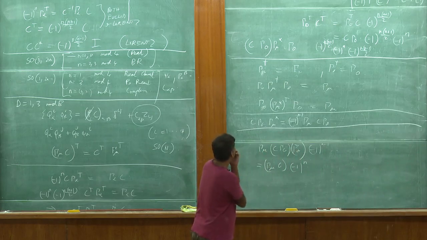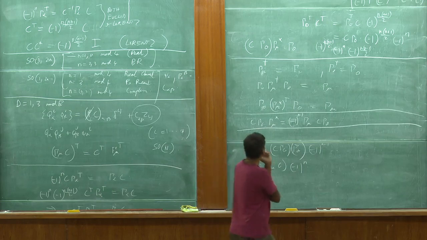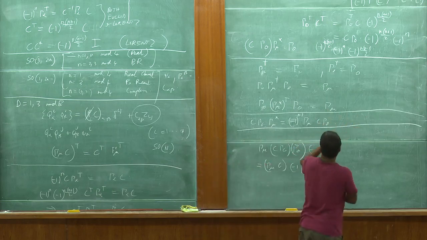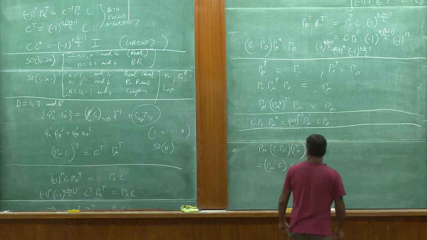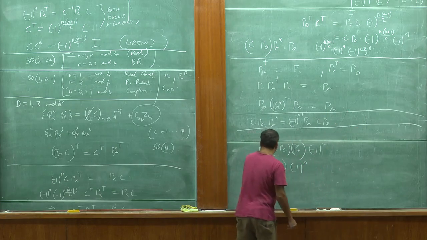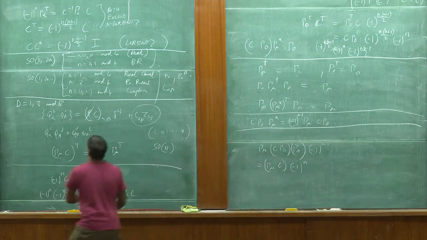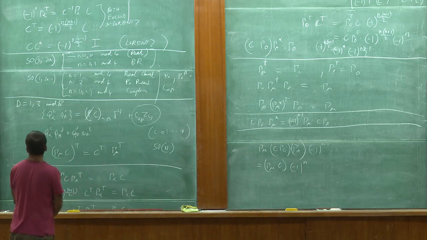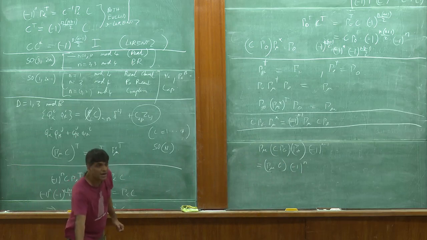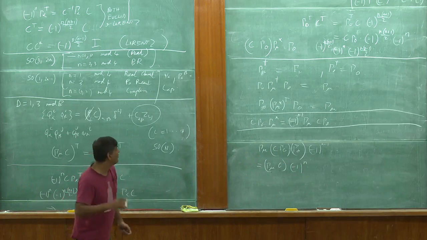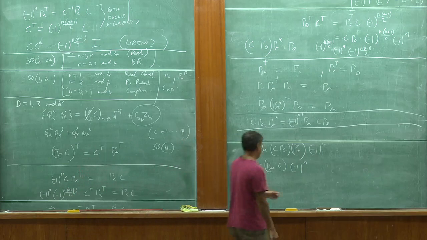That is 1. Weren't those 1? I should have got gamma mu times C, both for n equals 0 and n equals 1. That is minus 1 to the n square plus n. It's not just 1.